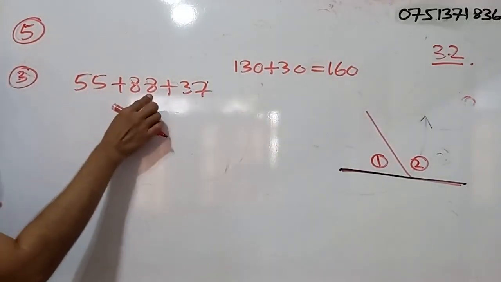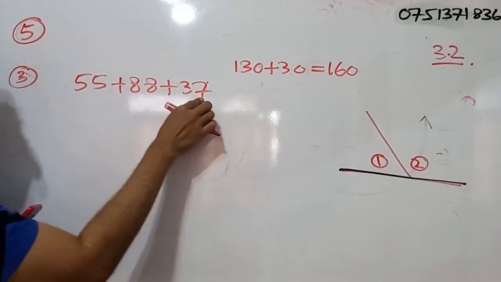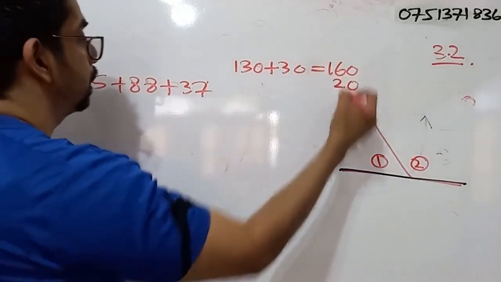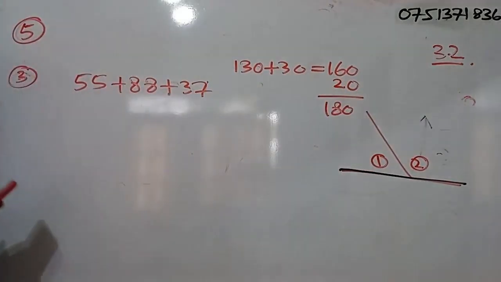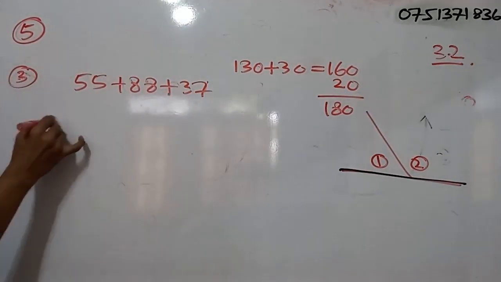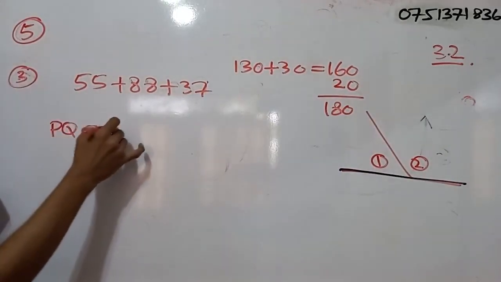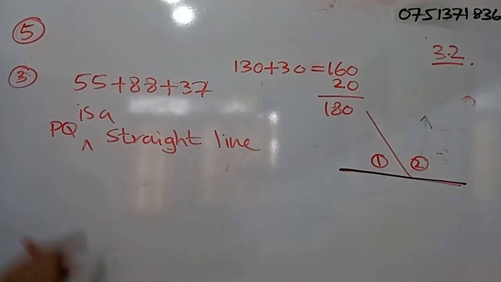So 5 plus 8, that is 13. 13 plus 20, that is 20. So if we add these together, we get 180. Then clearly PQ in the third diagram, that's a straight line. Now the fourth diagram.